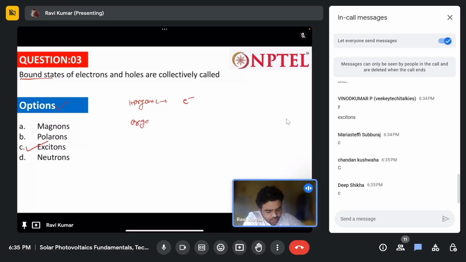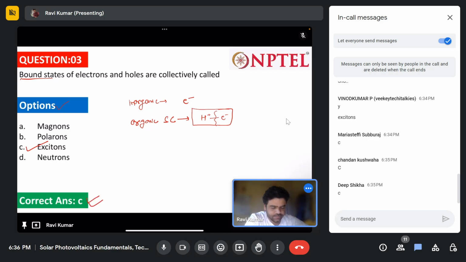But in an organic semiconductor, they are loosely bound with the hole. So we need some energy to dissociate this bond. And that is why this couple is known as excitons. So C is the answer here.